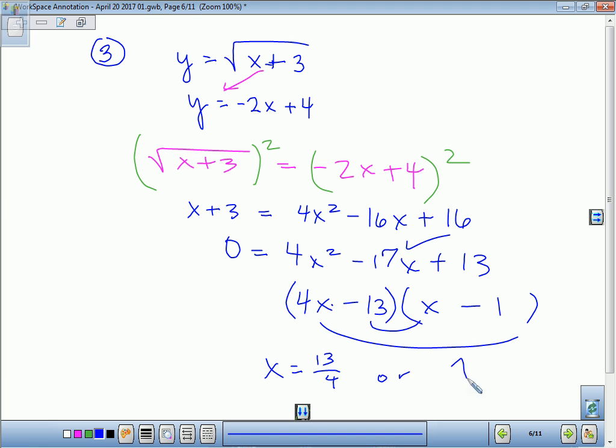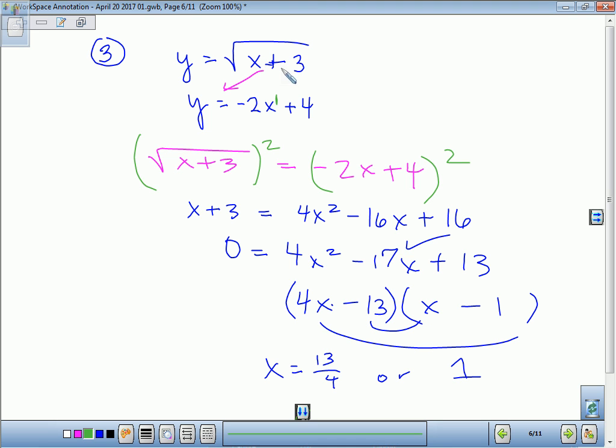Or x equals 1. Okay, plug it back in. Now when we're plugging it in to the equation of lesser degree, this is not a polynomial, so we really wouldn't find the degree of it. But this is 1, and this is like to the 1/2 power. So we're going to plug it into the square root, because the square root is our limiting function.